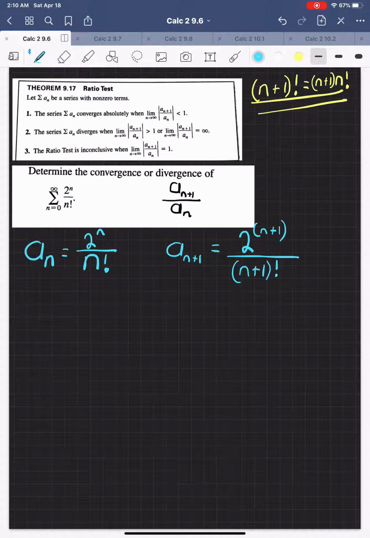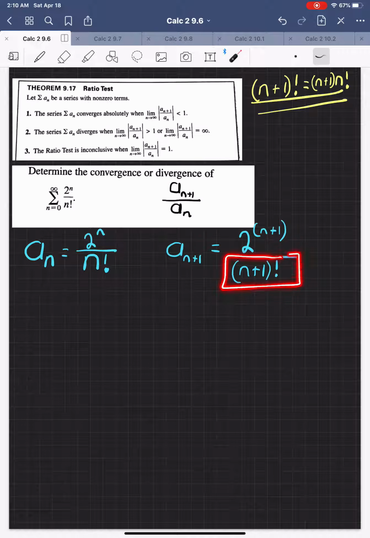And this is an important note: n plus 1 factorial can be rewritten, and should be written, as n plus 1 times n factorial. Do you understand what I just said?